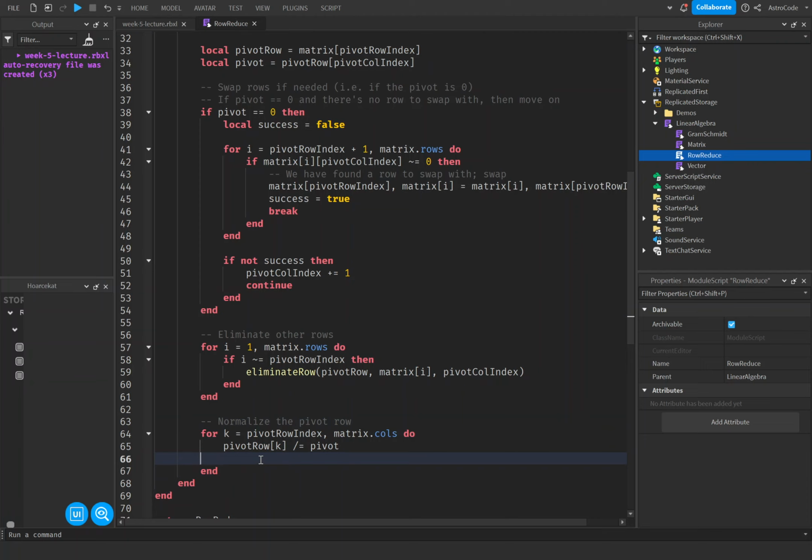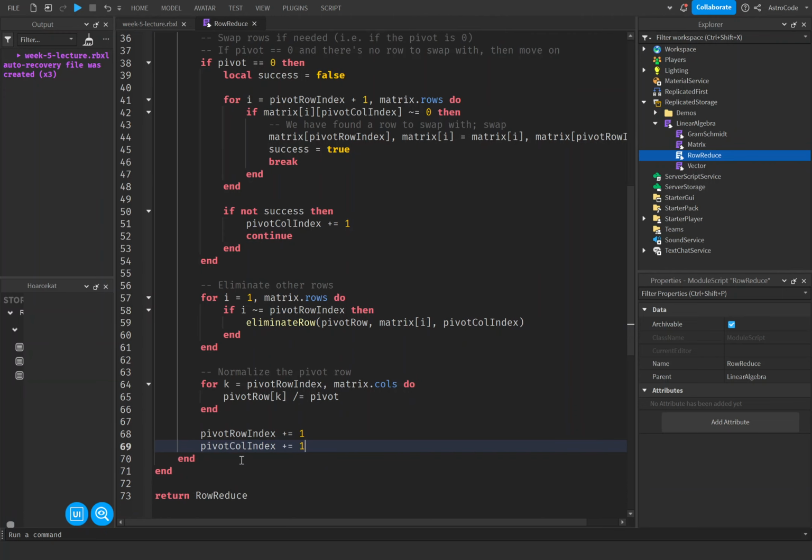And then at the very end, we're going to increment our pivot. So we're going to move it on to the next row, and we'll move it on to the next column. And then lastly, we just return our matrix.